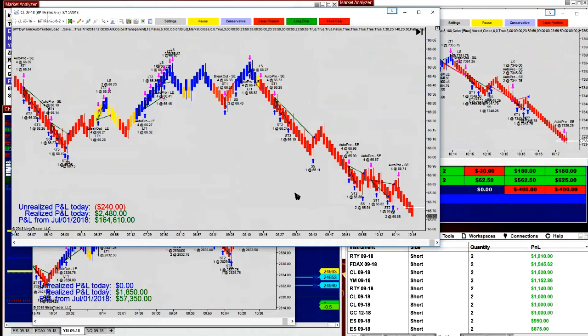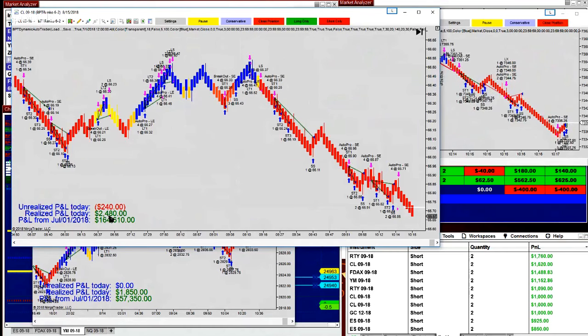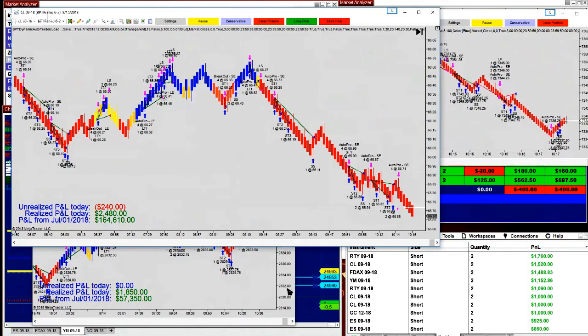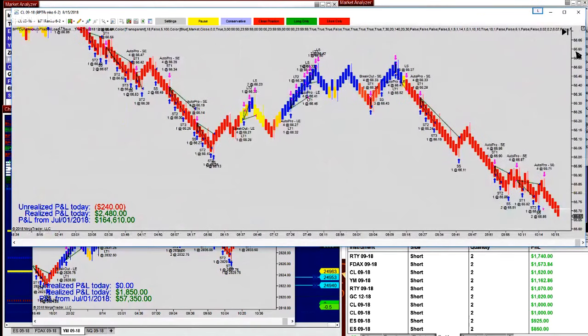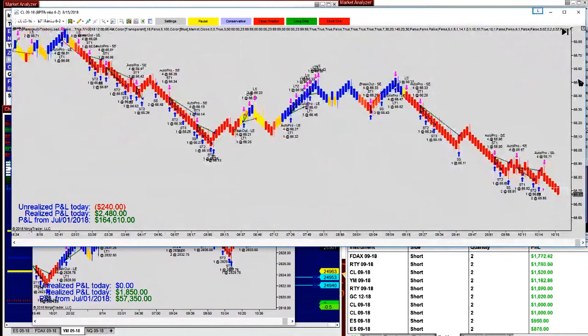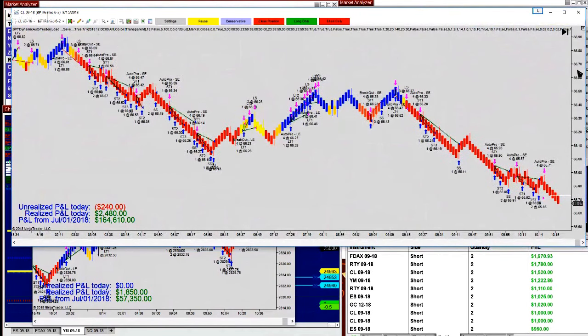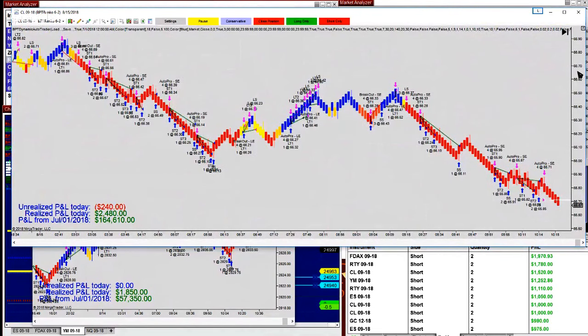Before we reloaded that chart on a Renko bar, it was $880. All of a sudden, it became $2,480. Why? Renko moves. Watch this. Any guy who tells you his Renko bar does not move is full of crap, because every Renko bar out there moves.